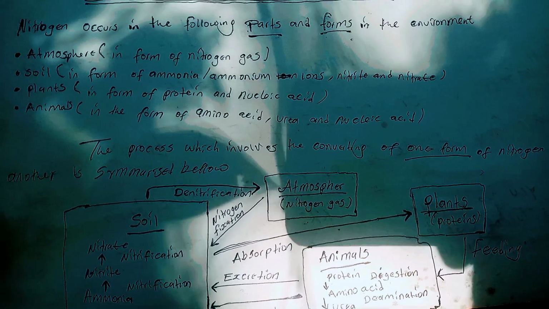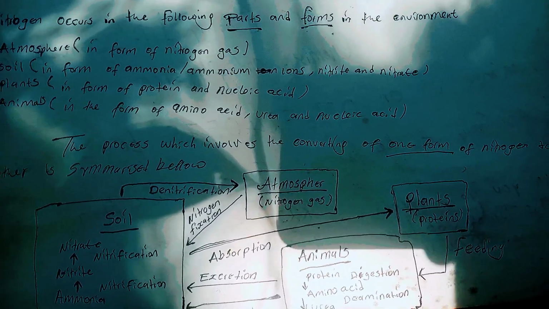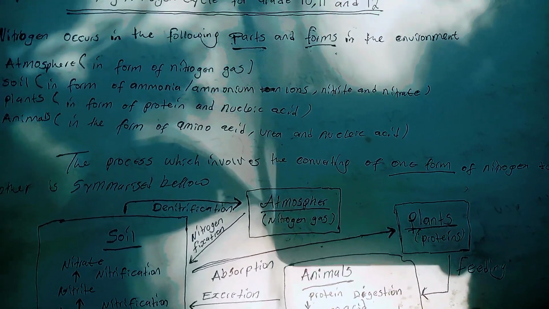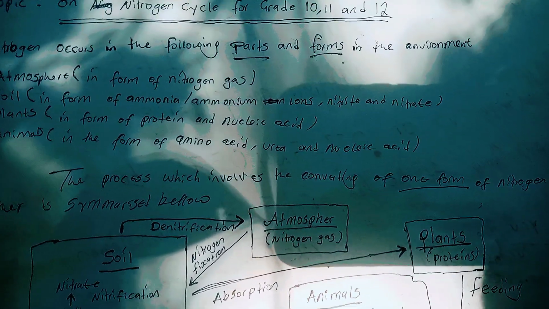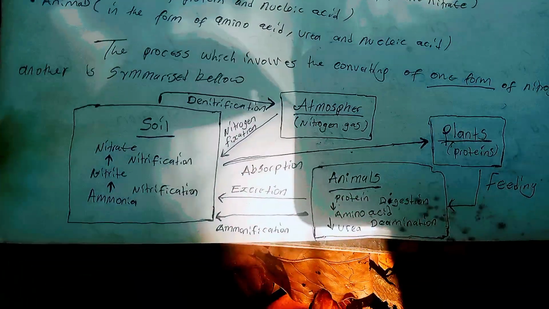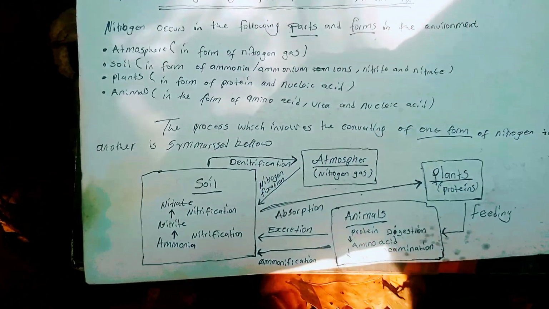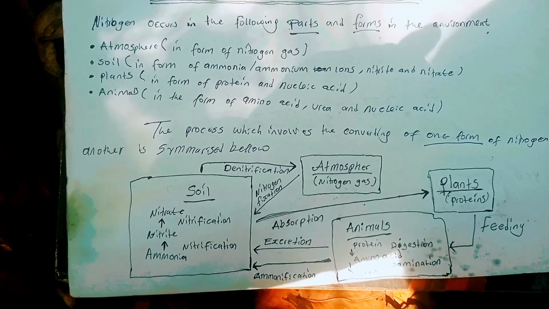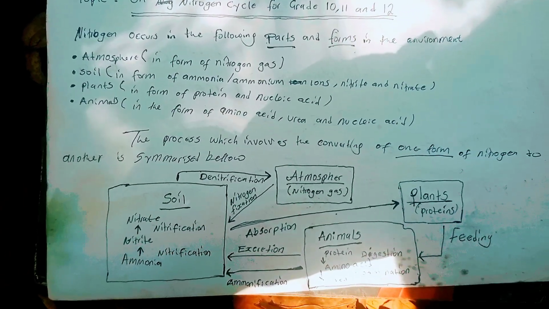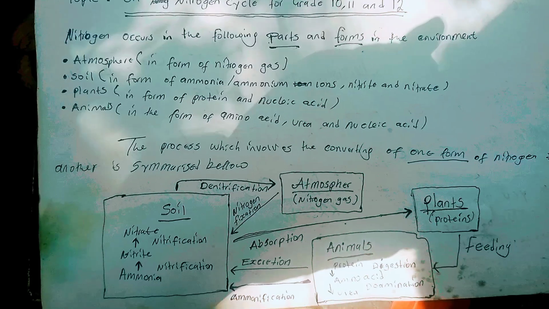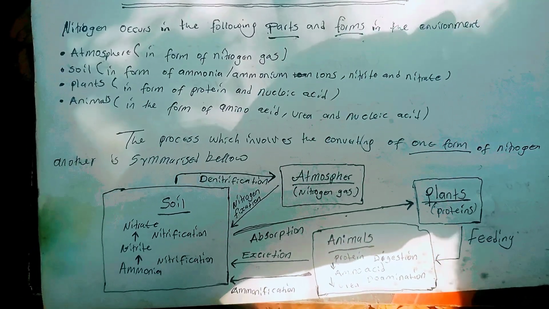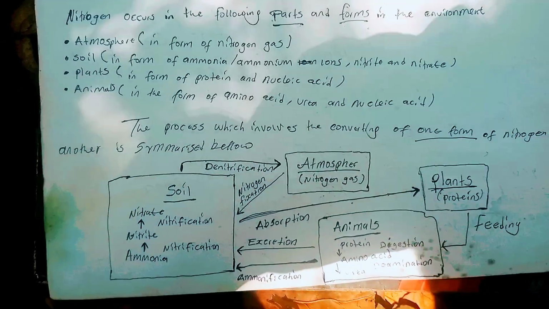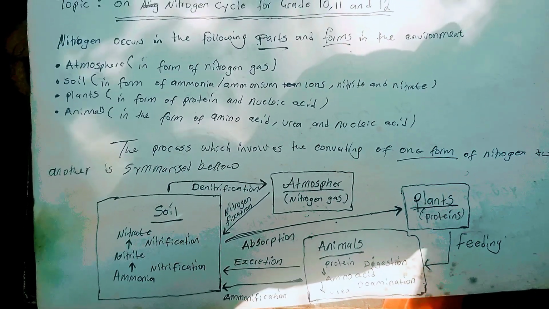The nitrogen oxides dissolve in water to form nitric acid, which has nitrate that plants are able to absorb. So in conclusion, nitrogen is very important in the environment, and it is also used in industry for fertilizer.